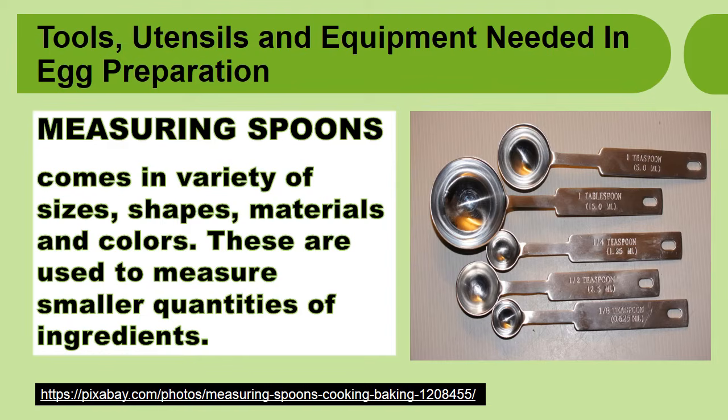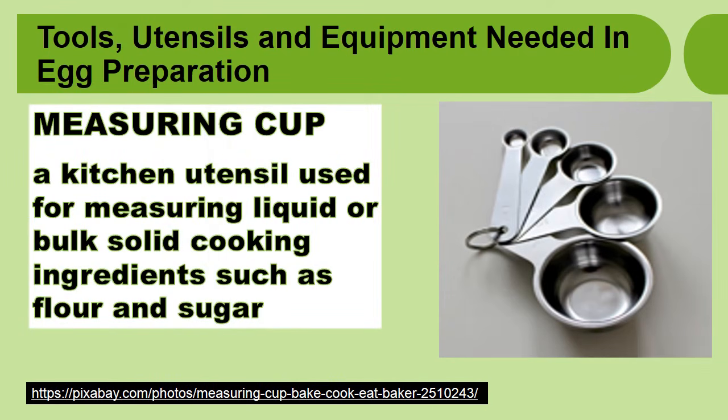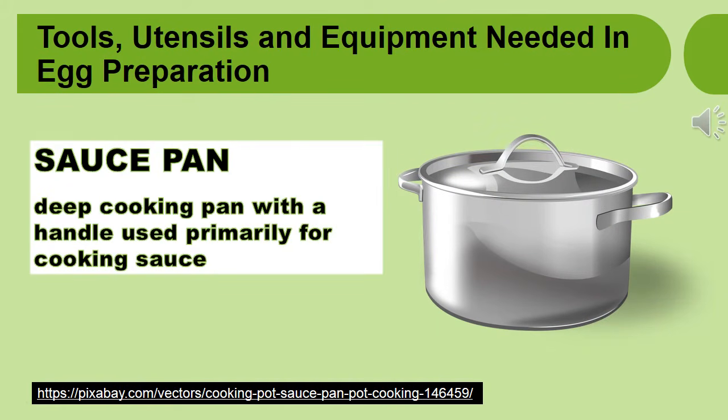These are used to measure smaller quantities of ingredients. Measuring cup, a kitchen utensil used for measuring liquid or bulk solid cooking ingredients such as flour and sugar. Saucepan, deep cooking pan with a handle used primarily for cooking sauce or food with a sauce.